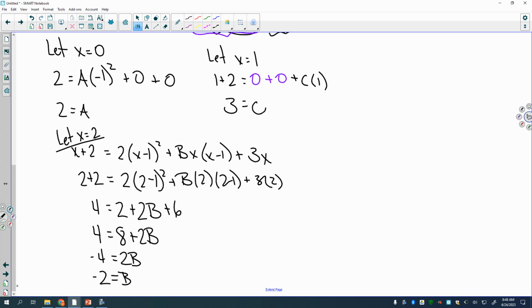And so I've got A, I've got B, I've got C. I'm going to rewrite my fraction then as (x plus 2) over this x cubed minus 2x squared plus x is equal to A over x plus B. So I'm going to put a minus 2 over (x minus 1) plus C over (x minus 1) quantity squared.